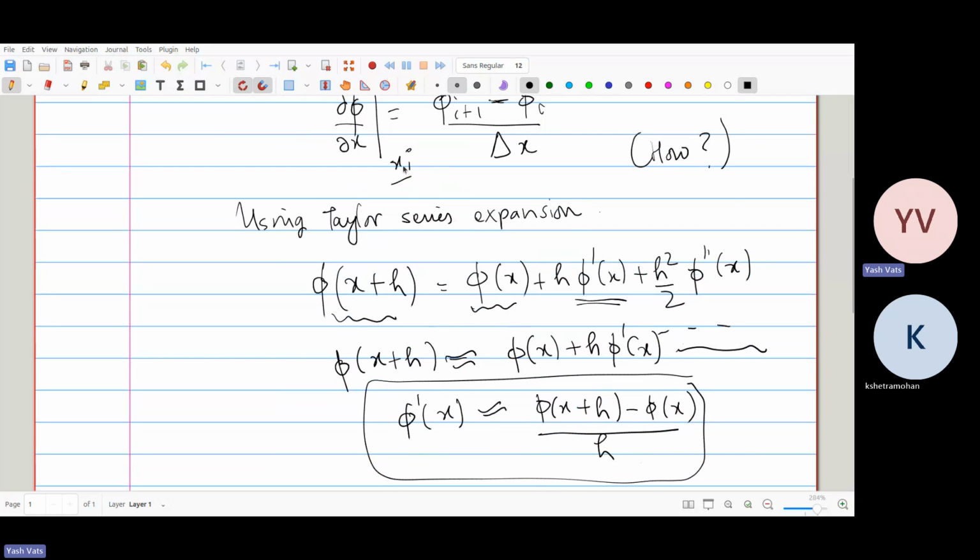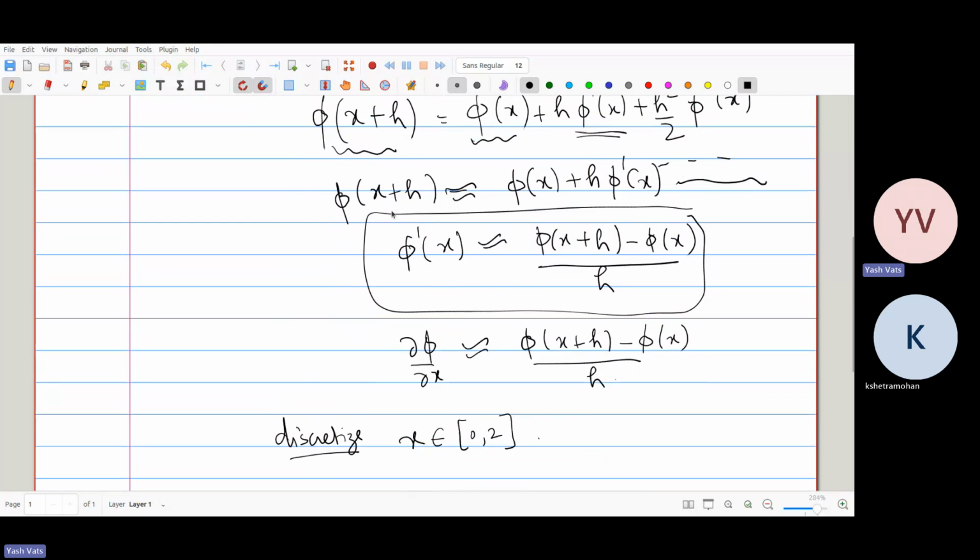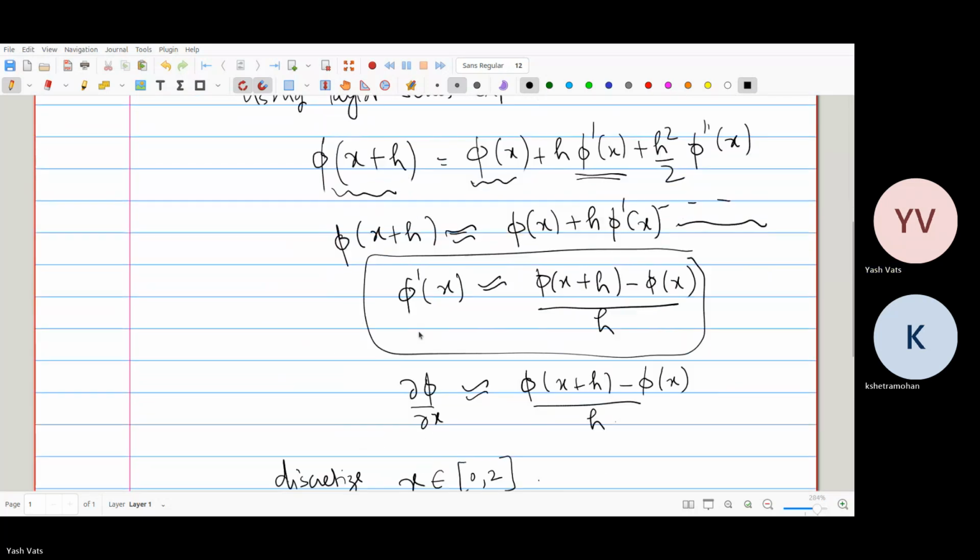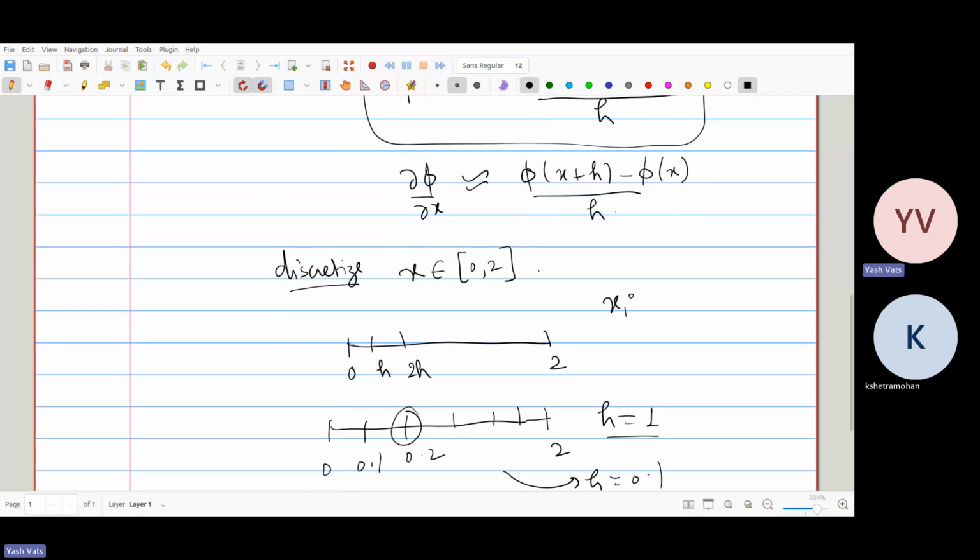In general, he's talking about at xi. If you have a starting point, say 0, that is x naught, this one is x1, this one is x2. So xi is ih basically.